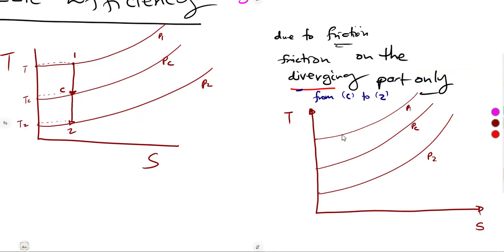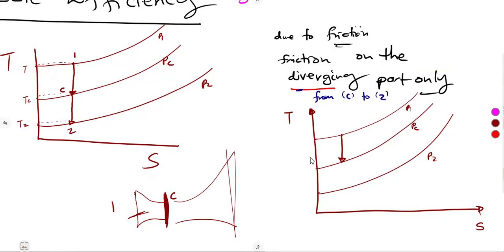From 1 to the throat, remember, from the inlet to the throat, it is actually the convergent part. So we are not worried about the convergent. It is not affected. We are worried from the throat to the exit where we have the diverging part.